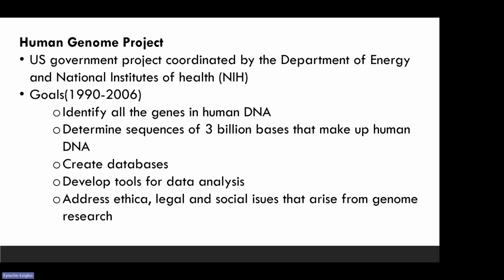Then address ethical, legal, and social issues that arise from genome research. This is what the Human Genome Project by the US government set out to achieve after the discovery of molecular techniques, molecular methods. It lasted from 1990 to 2006, and it was, of course, successful.